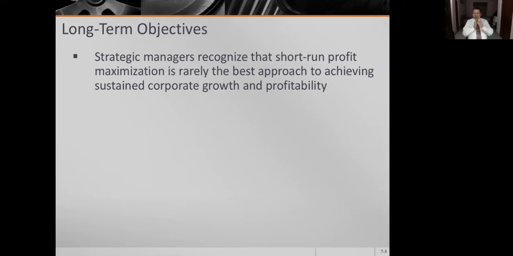Please recall the Jim Collins How the Mighty Fall slide in the first introductory lecture. There we were talking about how if there is an exploitation focus, that means profit focus only, and you are not exploring, that means you are not thinking long term, you are doomed to fail.